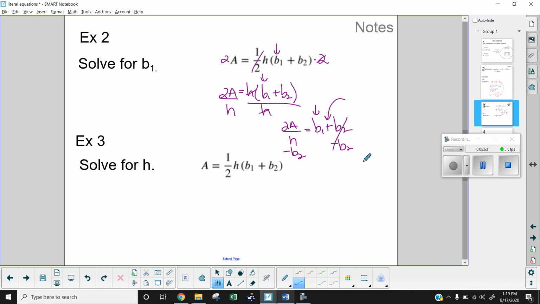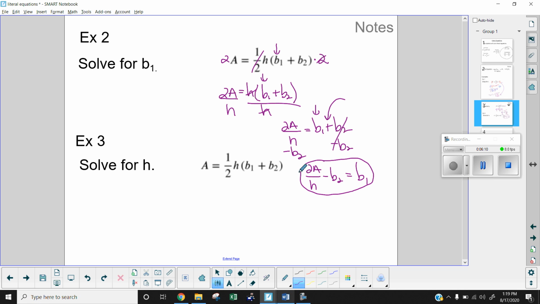So I'll cancel that off with subtraction. That gives me 2a over h minus b2 is equal to b1. And I've solved for b1 in that I've gotten b1 by itself.